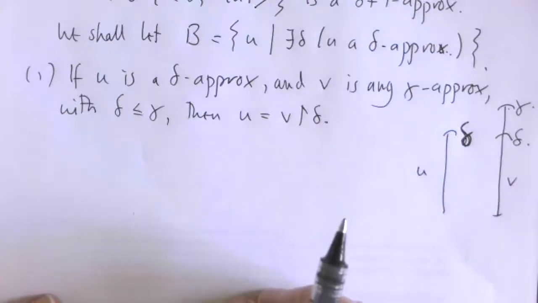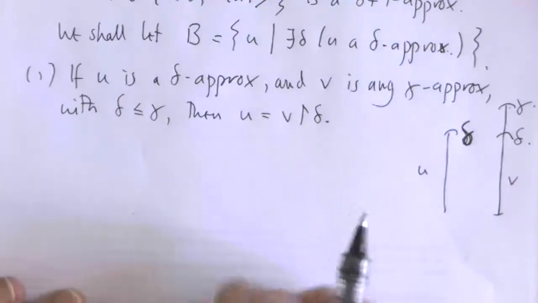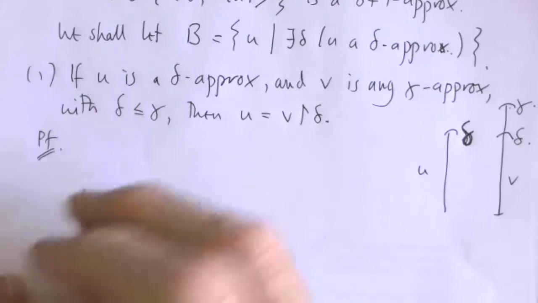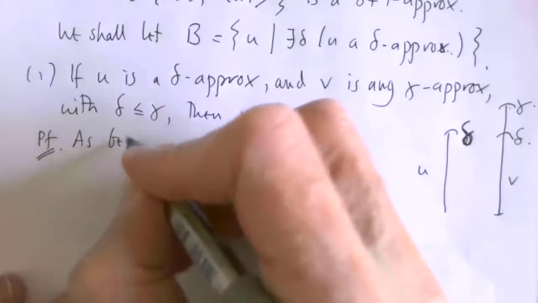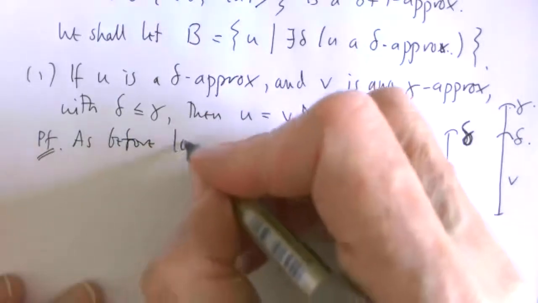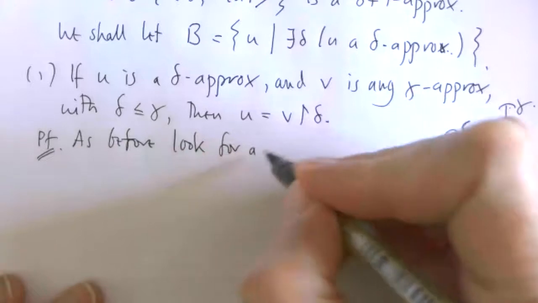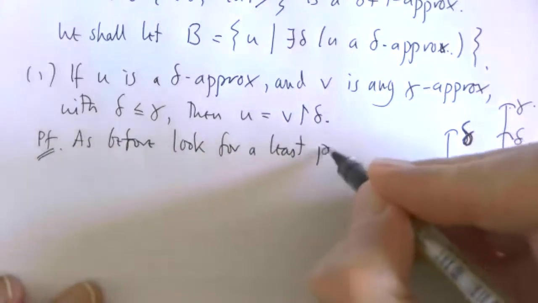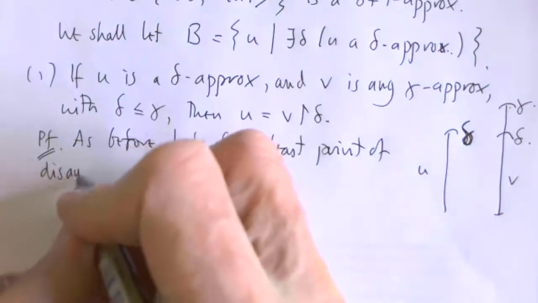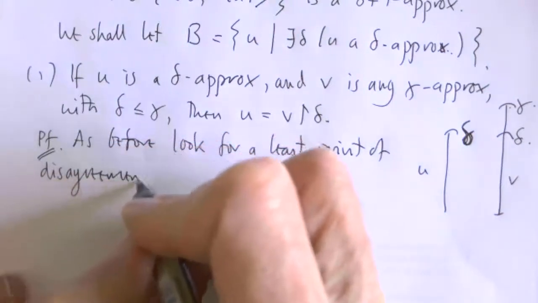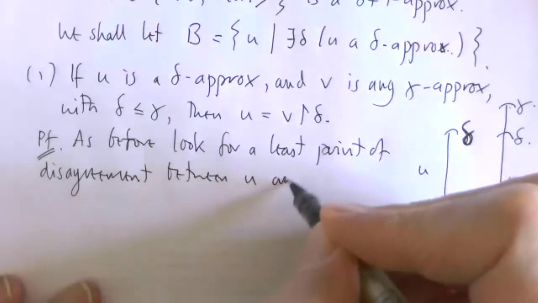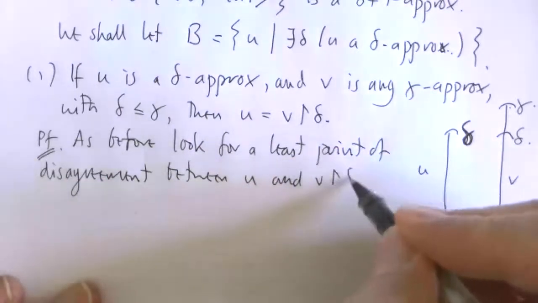We look for the least point of difference if they were to be different. So as before, least point of disagreement between U and V restricted to delta.